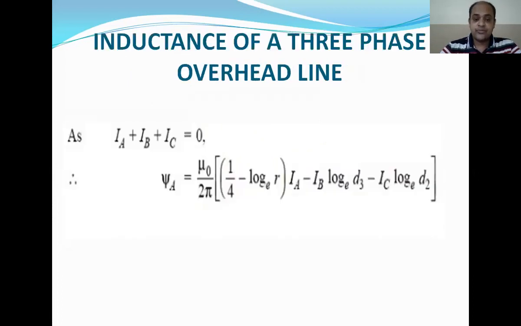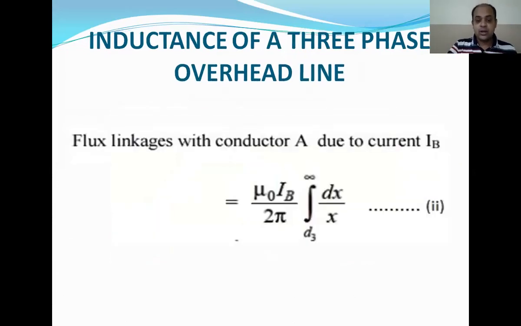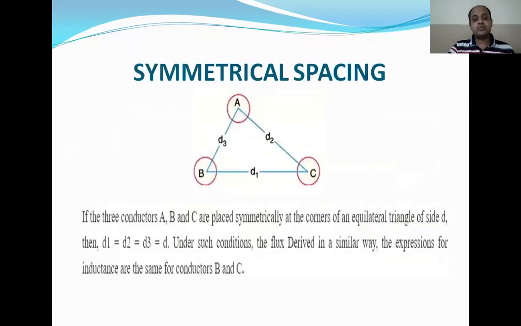Look, in the first figure here, we consider the distances between the three conductors randomly as d1, d2, d3, and we don't know, the distances are different from each other. But for symmetrical spacing, we have to consider that d1 equals d2 equals d3, and that equals d. If we consider like this, it's a symmetrical spacing.